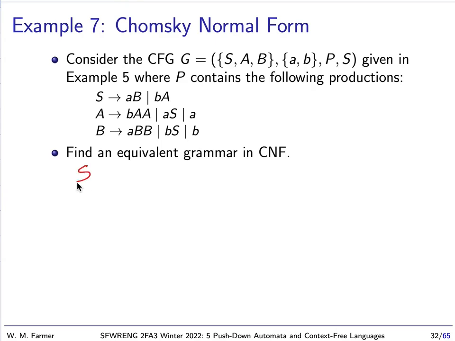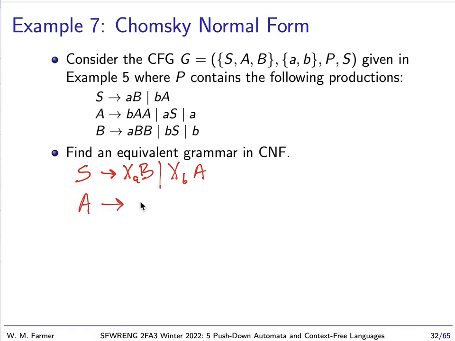So I'm going to have S go to, instead of A, something I would just call X sub A, B, and B will go to X sub B, A. So this non-terminal goes to a pair of non-terminals. That's good.